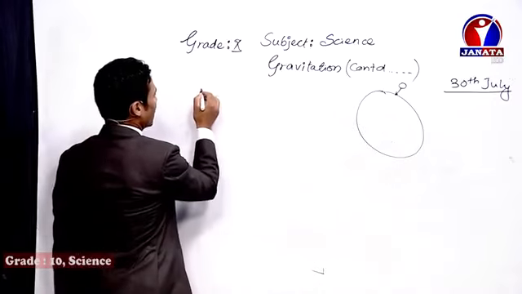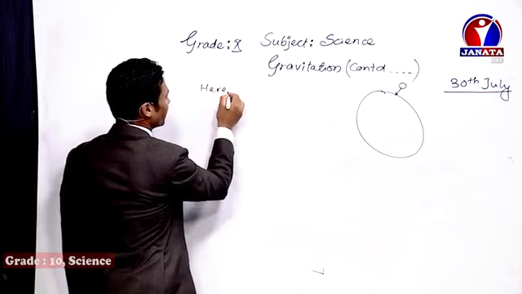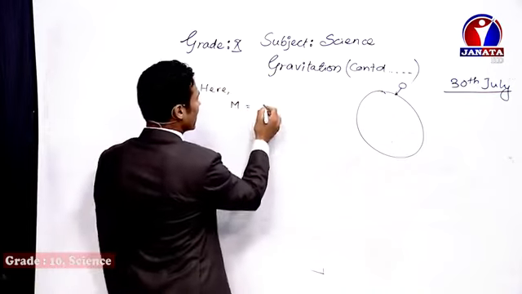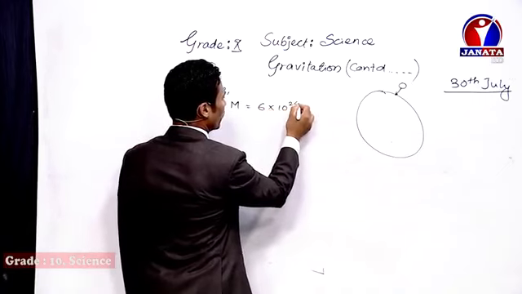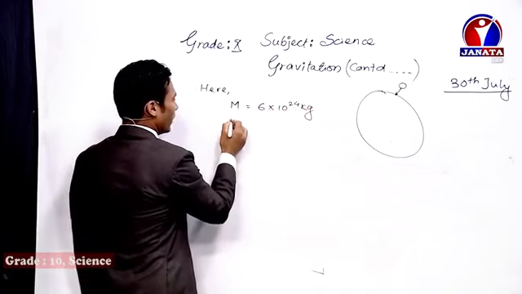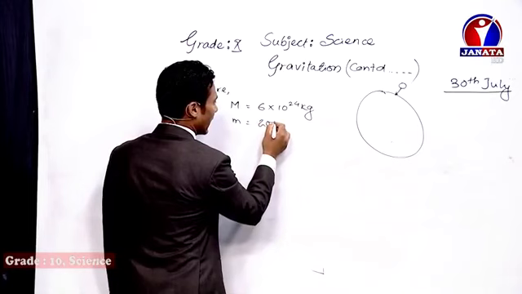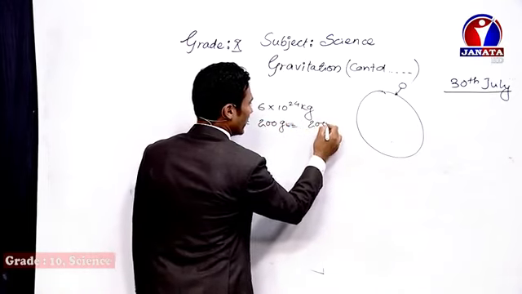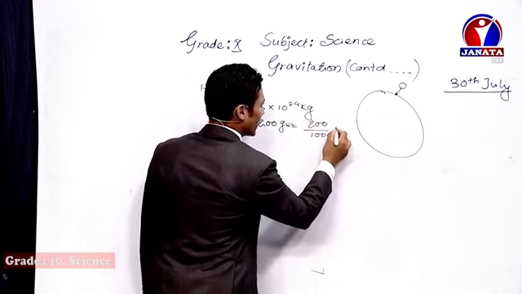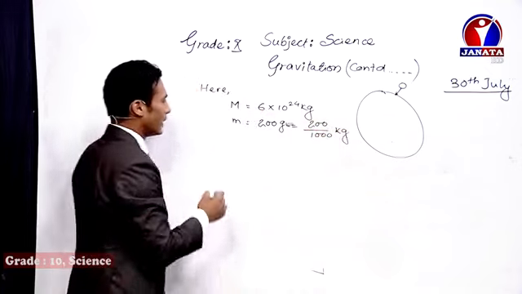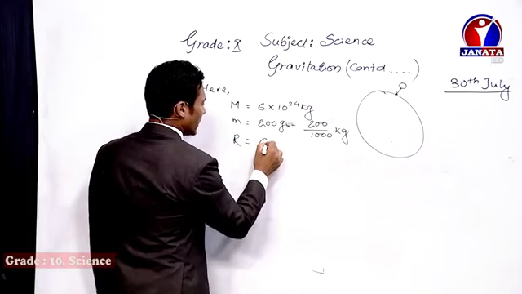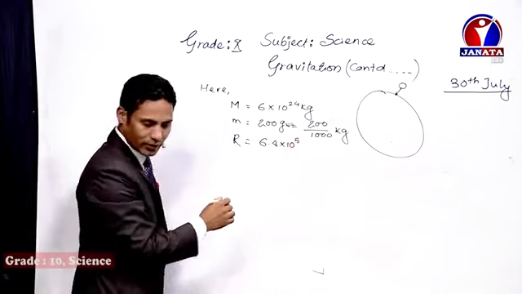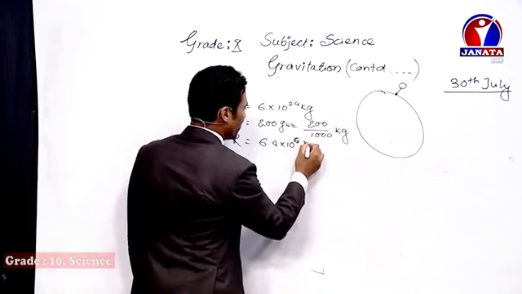Okay, so the mass of earth is given, so capital M, I will write down 6 into 10 to the power 24 kg, and the mass of the apple is 200 gram. So you convert this into kg, that is 200 divided by 1000 kg, right? And the radius of Earth is given, 6.4 into 10 to the power 6 meter.